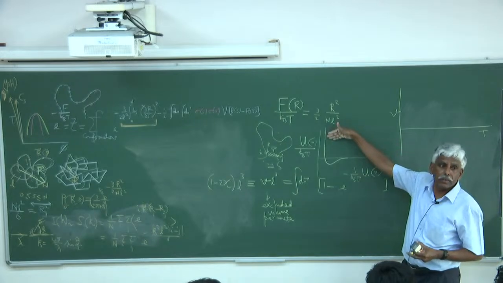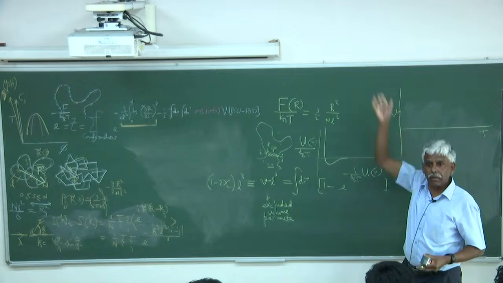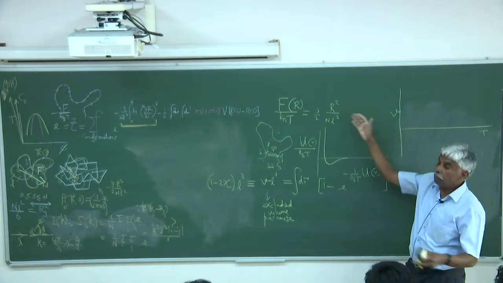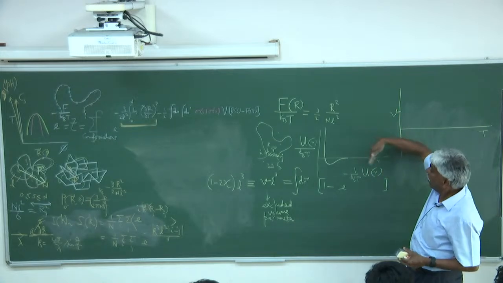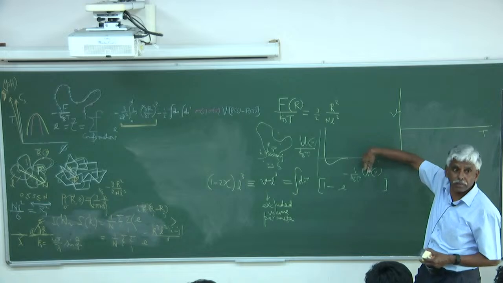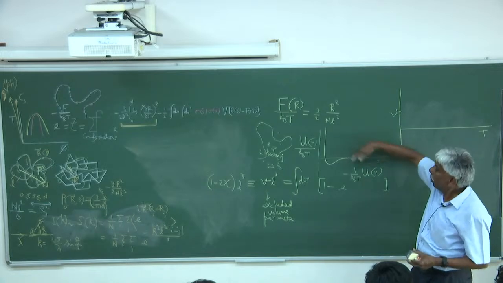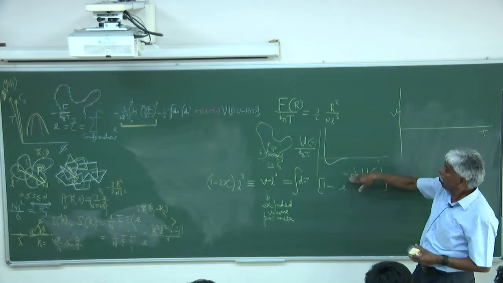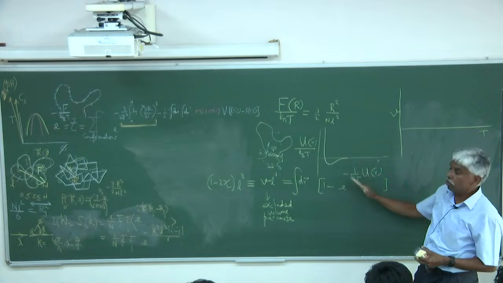Now let's look at the other way around. When the temperature is low, what will happen? Going back to your comment, the attractive potential is going to be felt. At low temperature, they are going to come close, they are going to condense. U is negative there.